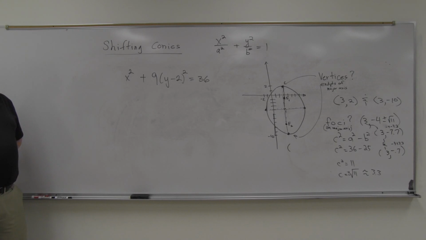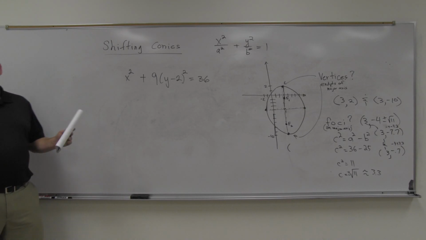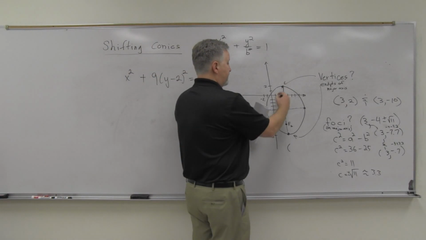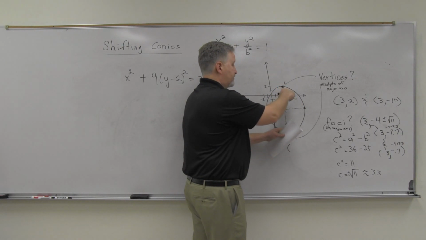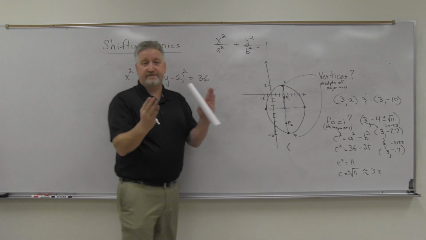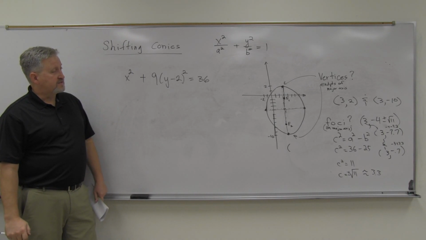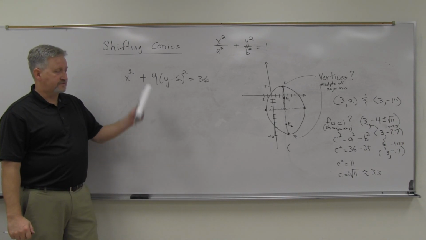All right. Now, this one is not quite a circle. Really, a circle is just a special ellipse. If you think about it, a circle is where you go out the same in both directions, so it's really an ellipse that has the same dimensions in all directions.